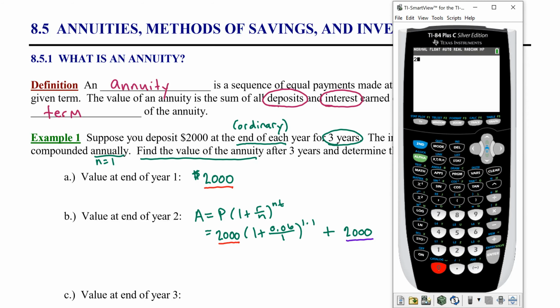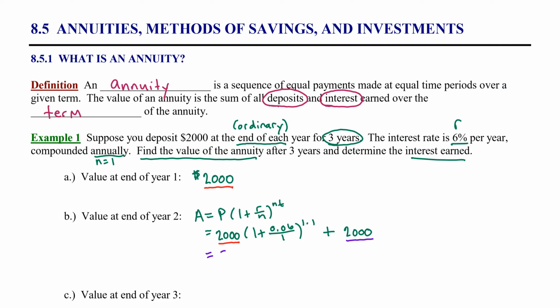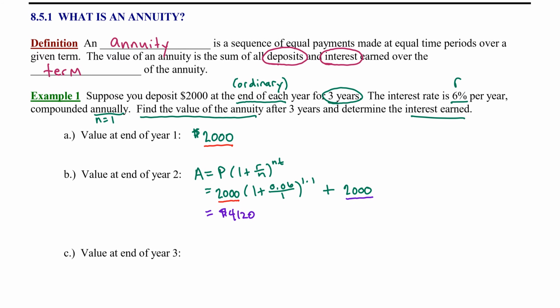So we have 2,000 times 1 plus r over n, exponent nt, that's just 1, and then I'm going to add my second deposit of $2,000. So the amount in the account at the end of year 2 is $4,120. This becomes the principal for year 3.